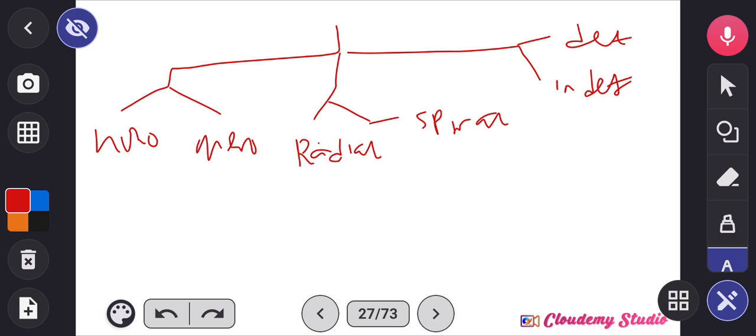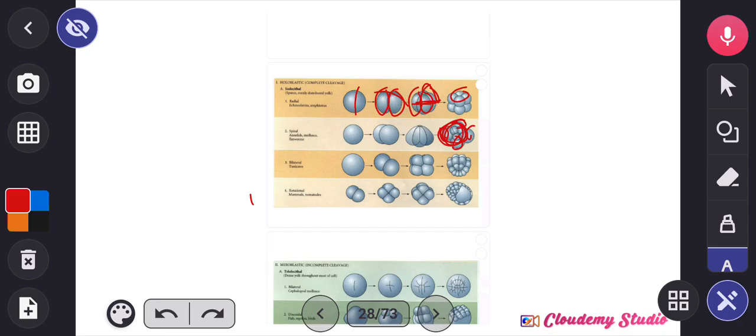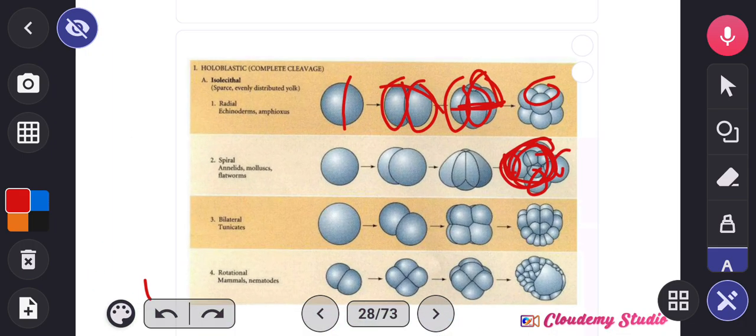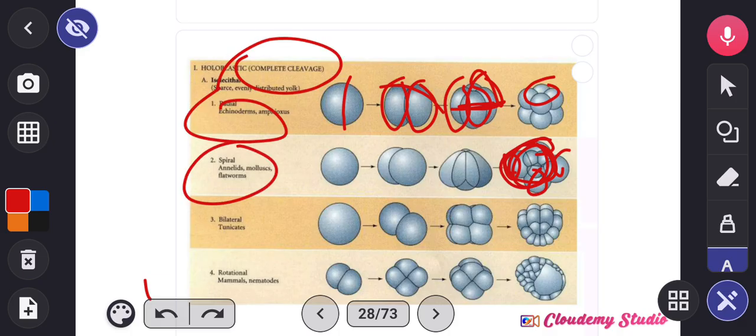I've explained all that. Now, there are some laws that back up the concept of cleavage. Let me quickly show you these images first before we proceed. So this is an isolecithal egg, those having evenly distributed yolk. And we have the holoblastic complete cleavage, where we have the radial, the spiral, the bilateral, the rotational ones.